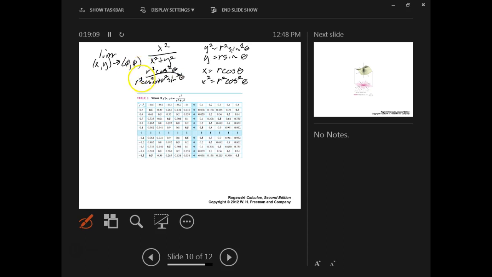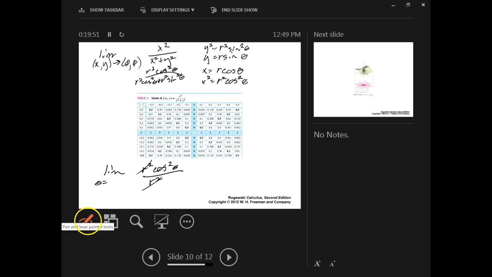Okay, what's cosine squared plus sine squared? 1, exactly. So that'd be r squared times 1. So this would be r squared cosine squared theta over r squared. Well, the r squareds go out, and you would have the limit as, that's the problem here, it's r approaching 0, okay, not theta.